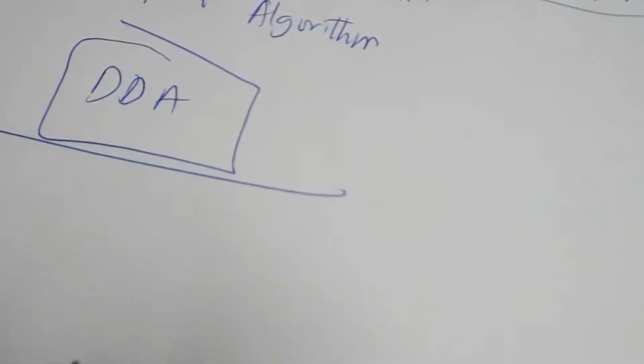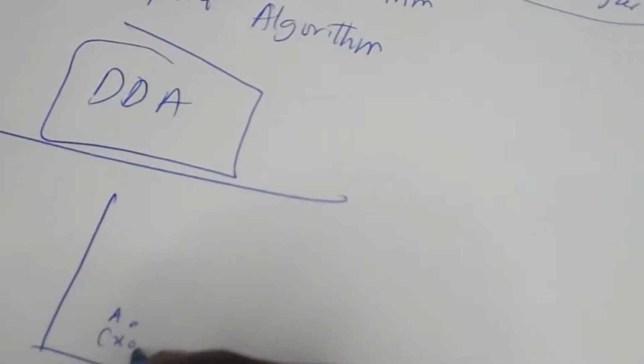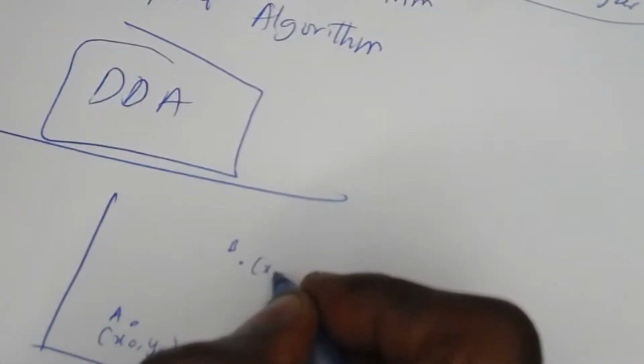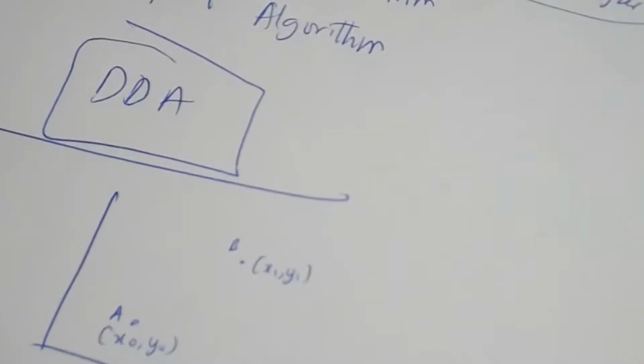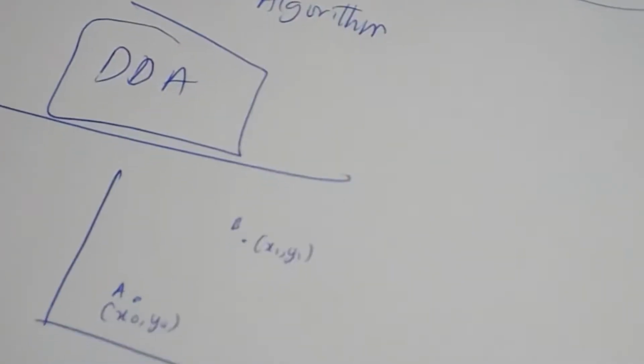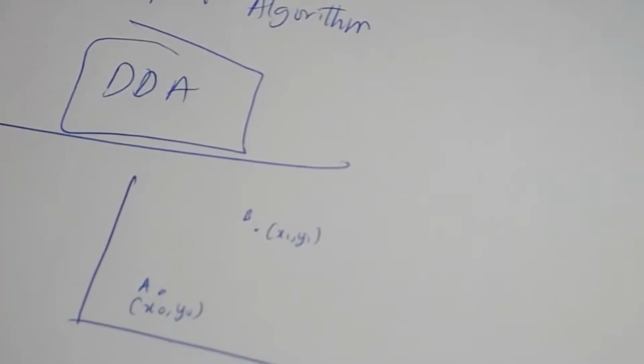Okay, so let's say we have a line graph and we are given 2 points. Point A is x naught, y naught, and point B is x1, y1. They now said you have to generate a line. DDA method is a method that you can use to illustrate the line, because without DDA, we need DDA to know how the line is going to be.